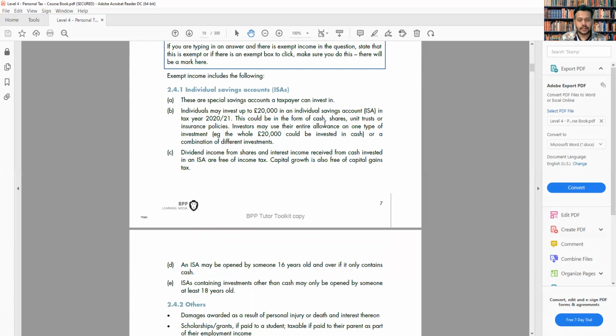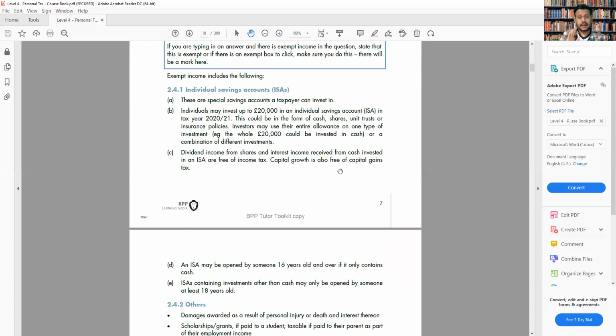This could be in the form of cash, shares, unit trusts, or insurance policies. An investor may use their entire allowance on one type of investment or a combination of different investments. Dividend income from shares or interest income received from cash invested in an ISA are free of income tax. Capital growth is also free of capital gains tax.